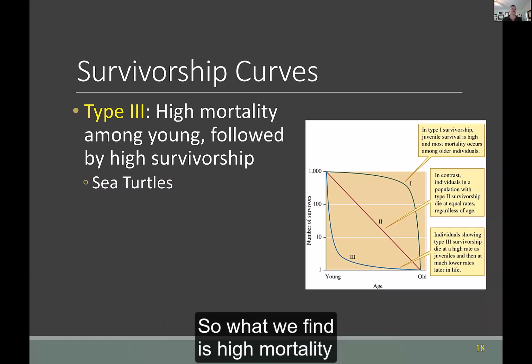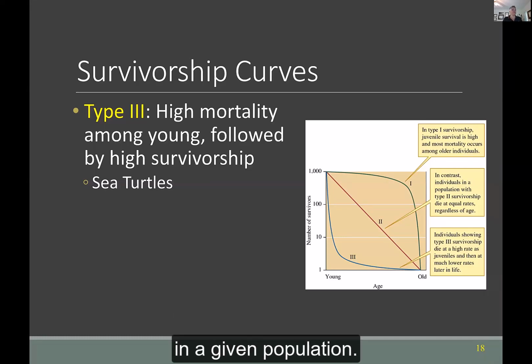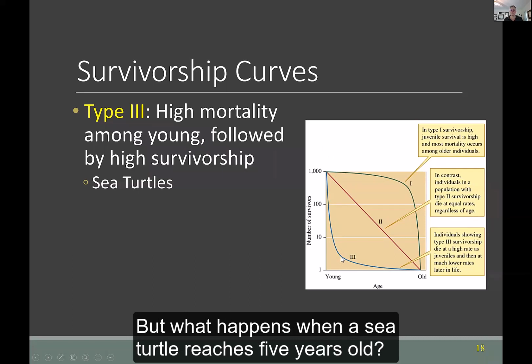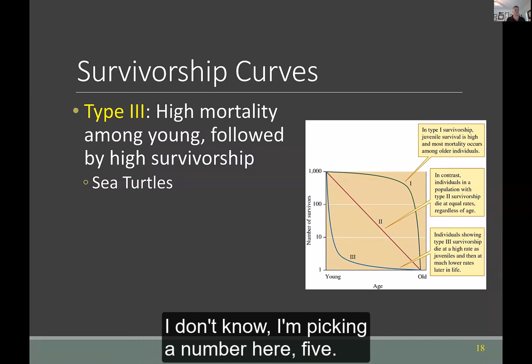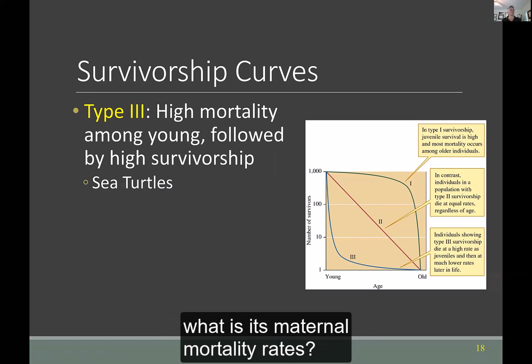So what we find is high mortality when we don't see a lot of maternal care in a given population. You have high mortality rates in those young individuals, right? But what happens when a sea turtle reaches 5 years old? I'm picking a number here, 5. So once we have a 5-year-old sea turtle, what is its mortality rate?